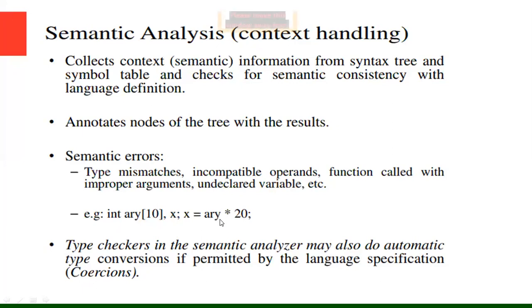ARY of అని మనం స్పెసిఫై చేయలేదు కాబట్టి this type of syntax errors or semantic errors is identified by the semantic analyzer. So those types of errors can be generated and are solved by the semantic analyzer.